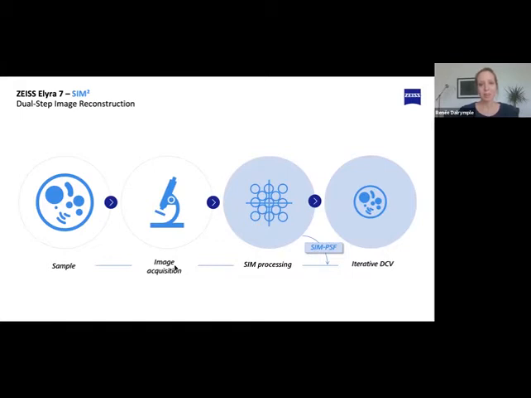And now in parallel, we're also going to optimize the point spread function that we're using into something that we call the SIM PSF. The SIM PSF goes through all the same steps that our image information does in our SIM reconstruction algorithm. This information is then fed into an iterative deconvolution step in a second step rather than combining it all in one, so that we have the opportunity to really optimize everything.